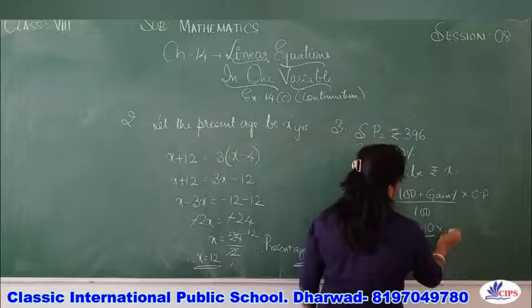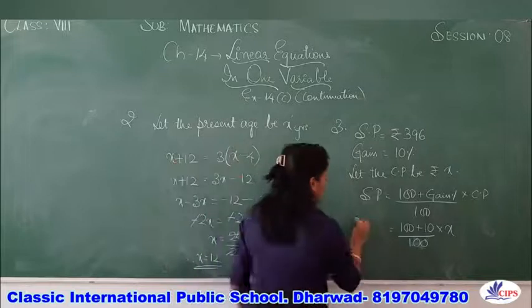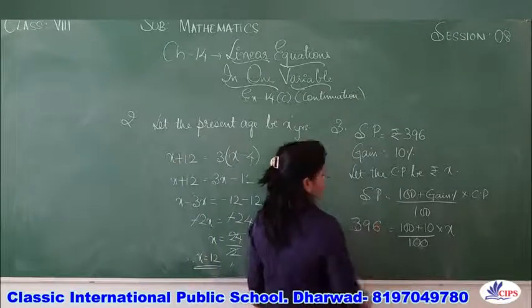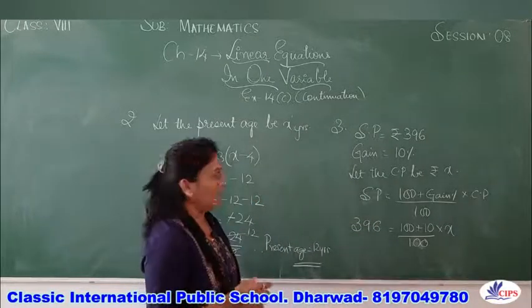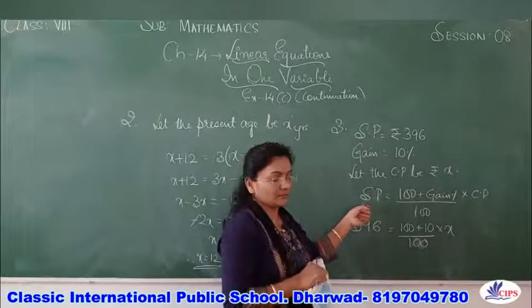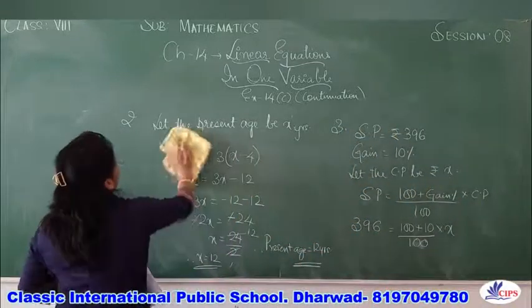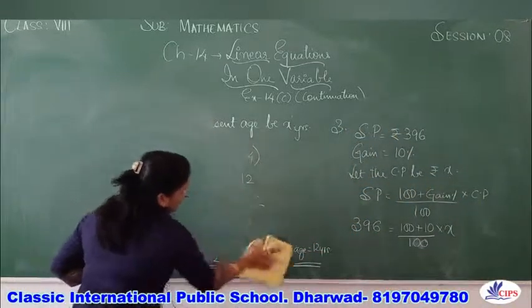So Cp we have taken as x. And what is the selling price? Selling price is 396. So I'll write that here. Got what we have done? This is the formula. You have got this in the 8th chapter. So you have got the formula of selling price. So when we go through that, I'll explain. Now let us continue with the sum here.